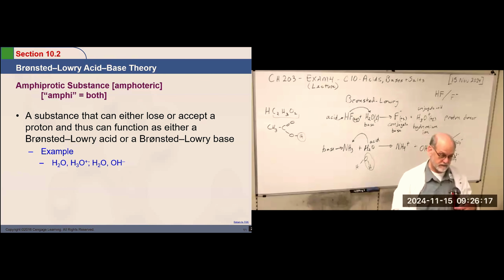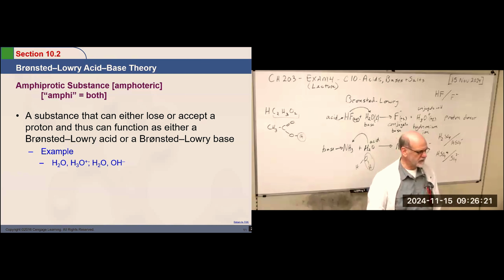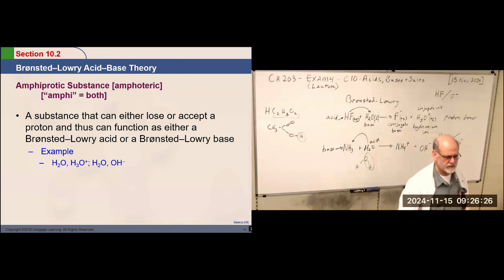Now, water is not the only molecule that can do that. Probably in the hills, we don't have too many big corn farmers. It takes a lot of land to make it economically feasible to use anhydrous ammonia for your nitrogen fertilizer.